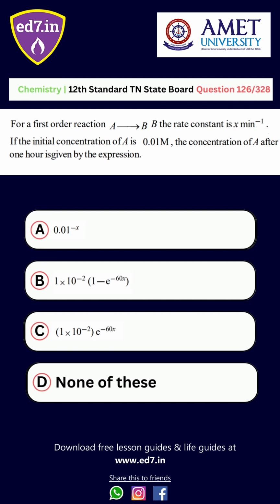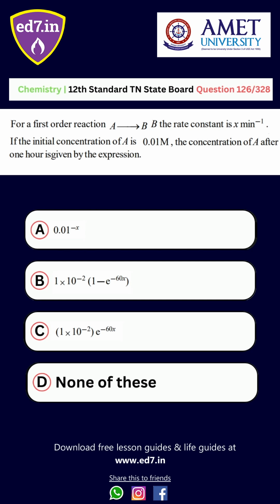For a first order reaction, A gives B, the rate constant is X minute inverse. If the initial concentration of A is 0.01 M, the concentration of A after 1 hour is given by the expression.